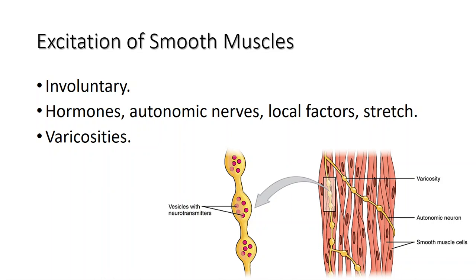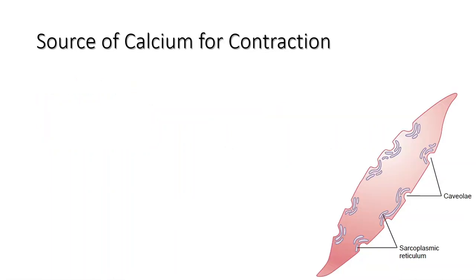Because smooth muscle fibers have a much smaller diameter than skeletal muscle cells, T-tubules are not required to reach the interior of the cell, and therefore not necessary to transmit an action potential deep into the fiber. The sarcoplasmic reticulum in smooth muscles is poorly developed.